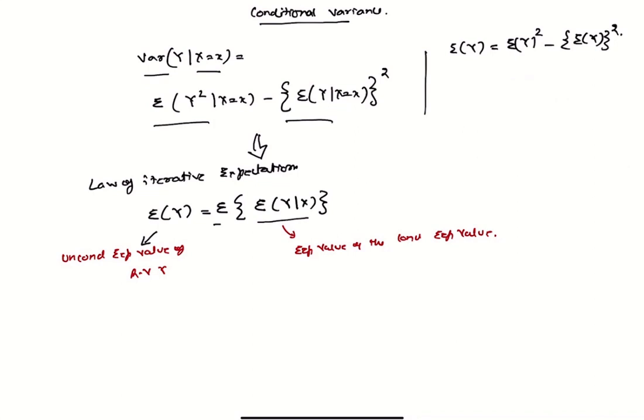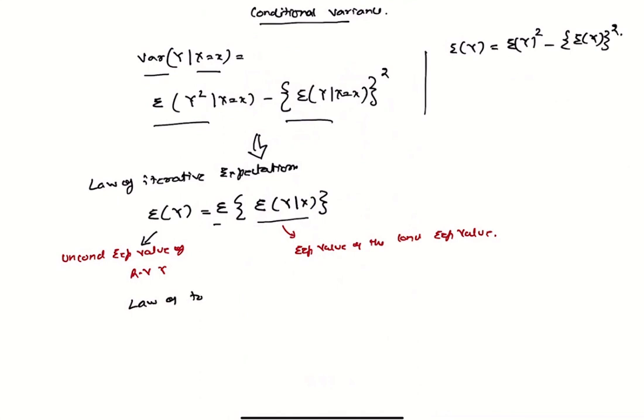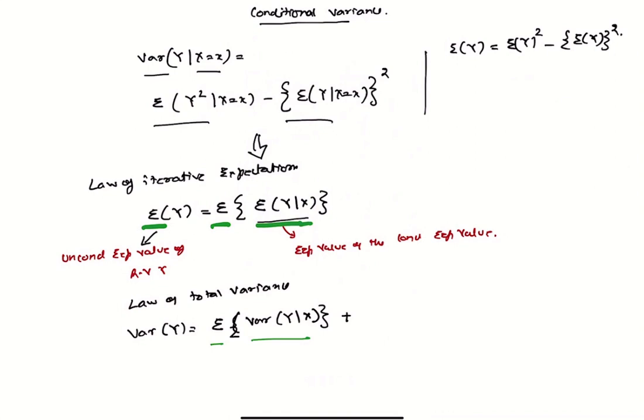But then there is the law of total variance, which says that the variance of y is going to be the expected value of the variance of y given x, plus one more thing we add here, the variance of the expected value of y given x.